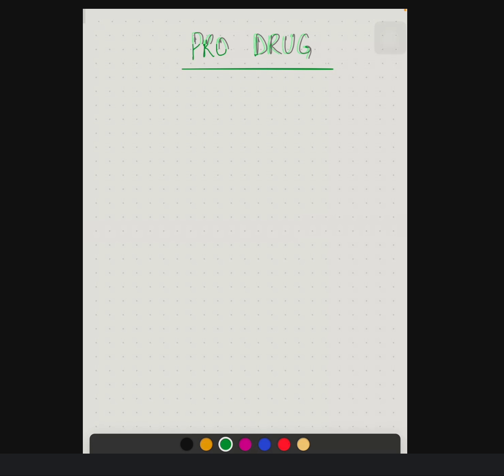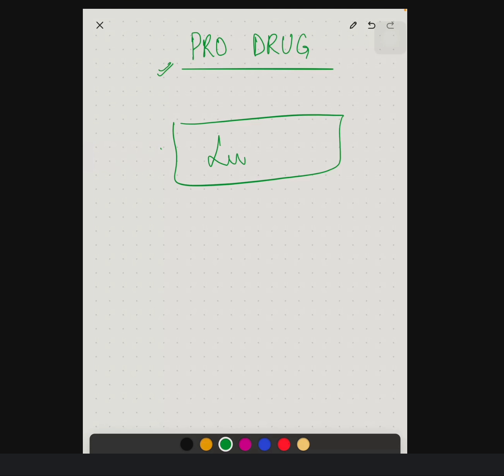There are certain drugs that are given in an inactive form, and they are called prodrugs. They are like a precursor of the active compound. And when these compounds reach the liver, after the reaction with cytochrome P450, they become active.